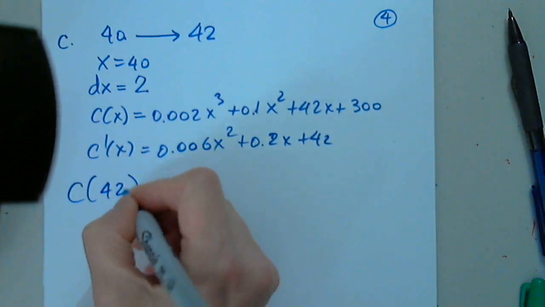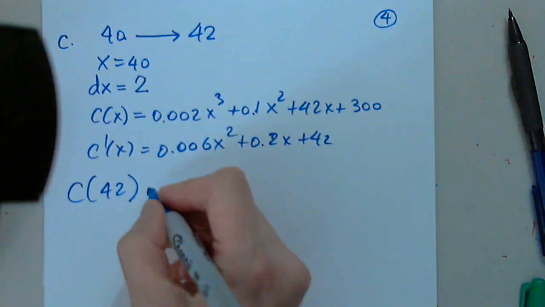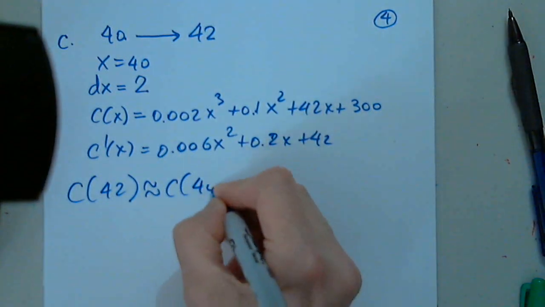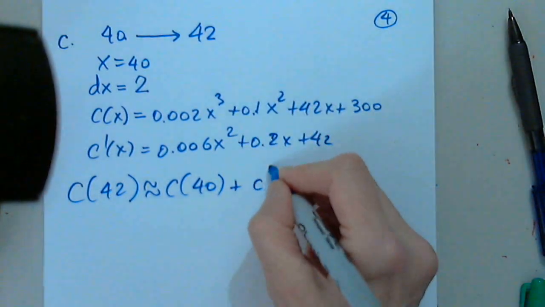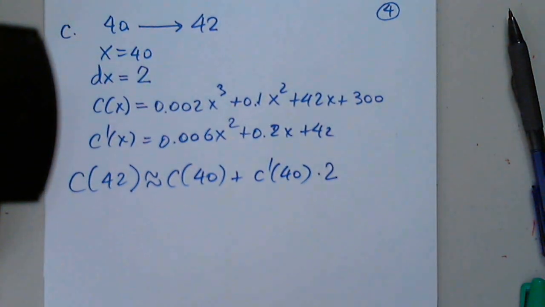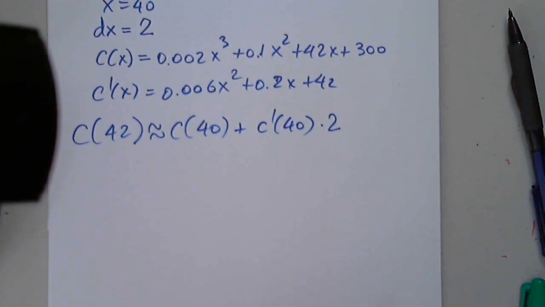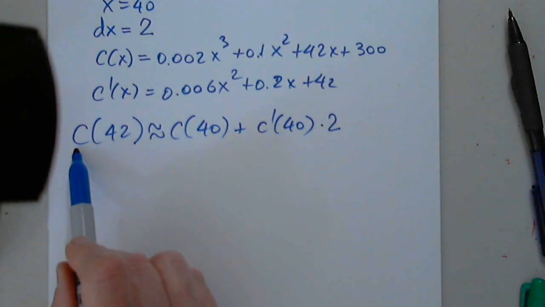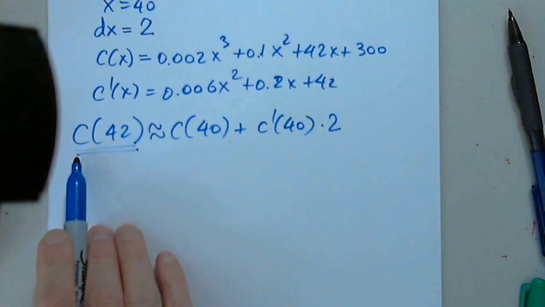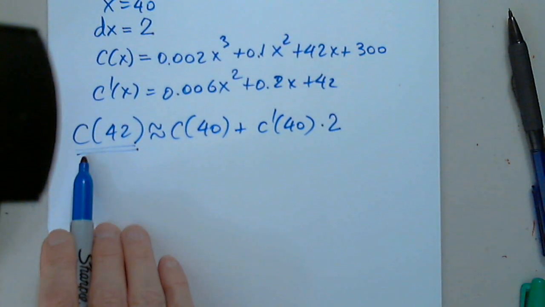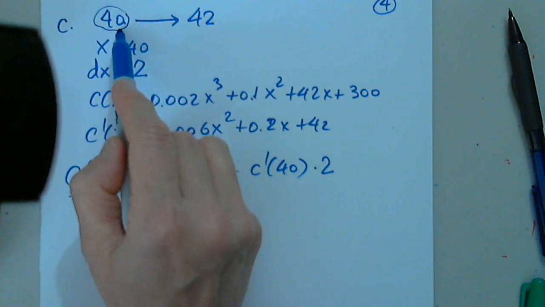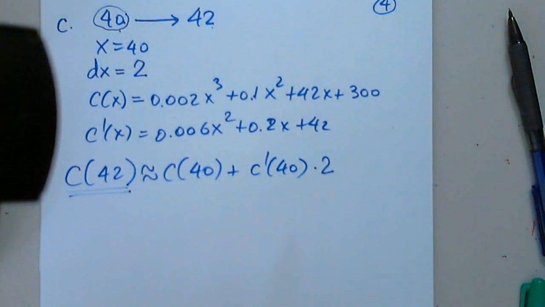So all we are asked to do is write this formula. C of 42, which is 40 plus 2, is approximately C of 40 plus C prime of 40 times 2. So we are approximating the cost. This is not exact. This is an approximation. So we are asked to approximate the cost if we decide all of a sudden to move from 40 units per day to 42 units per day.